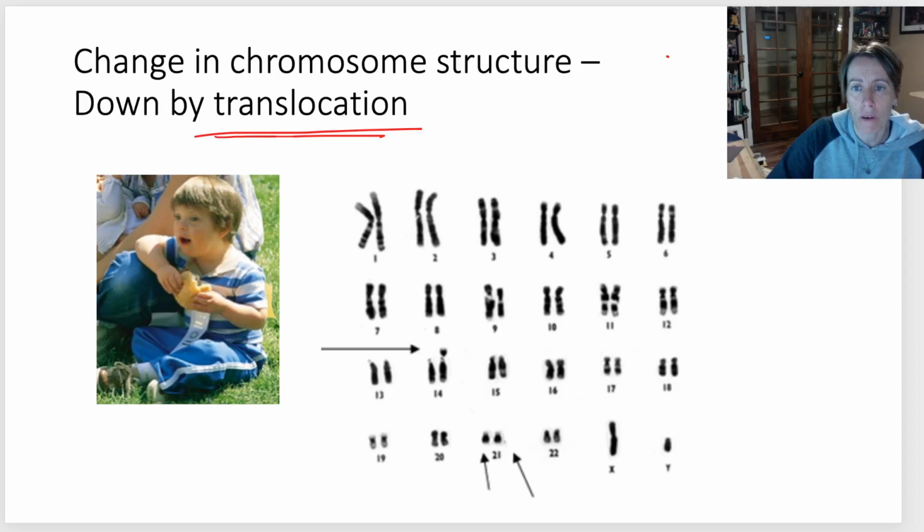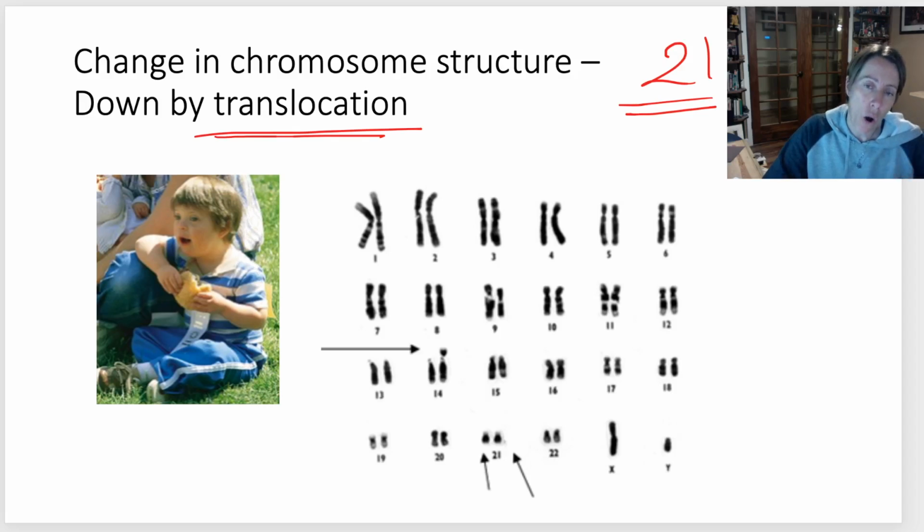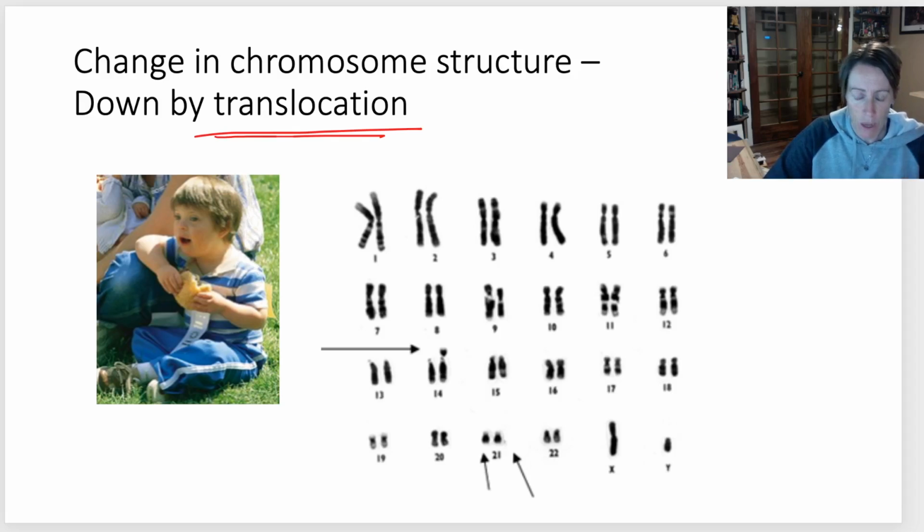It's all about chromosome 21. Now, you could get a whole extra chromosome 21, and that's called trisomy, and that's what we'll look at in a later video. But you can also accidentally get an extra chunk of chromosome 21, not a whole 21, but an extra chunk of it stuck onto another chromosome. And usually it happens to stick on chromosome 14.